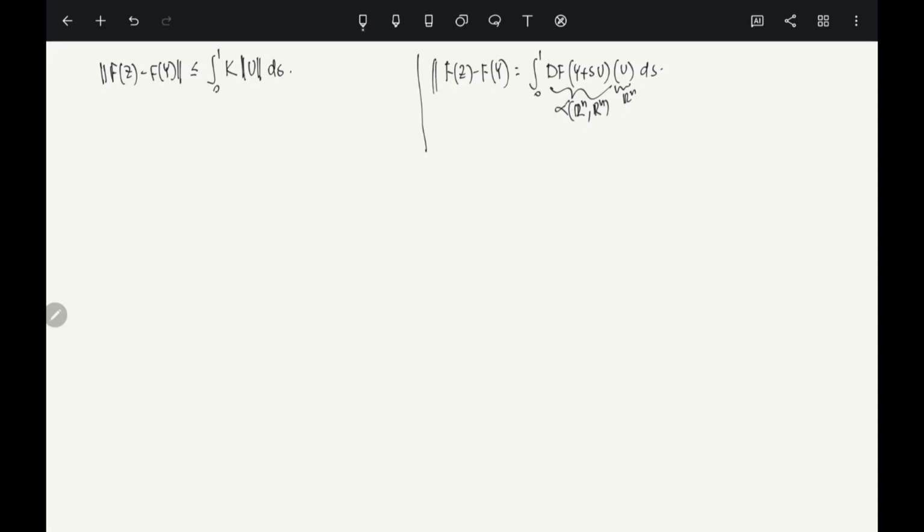If I put a norm on both sides, this will be dominated by the integral from 0 to 1, and this inequality comes from the integral inequality, of the norm of df at y plus su times the norm of u ds. So this norm is the Rn to Rn operator norm, and this is the Rn norm.